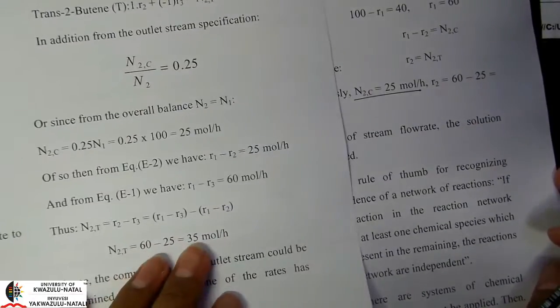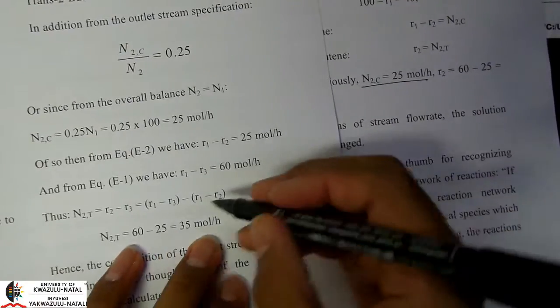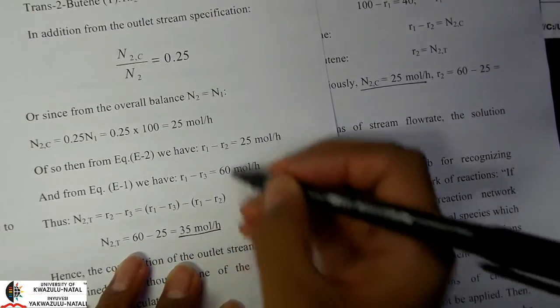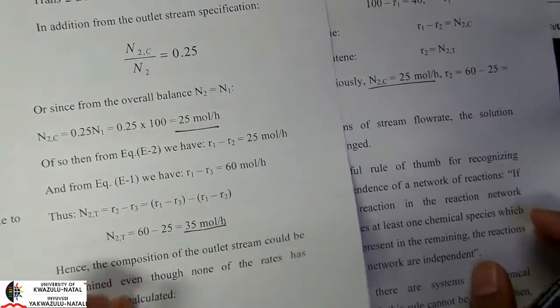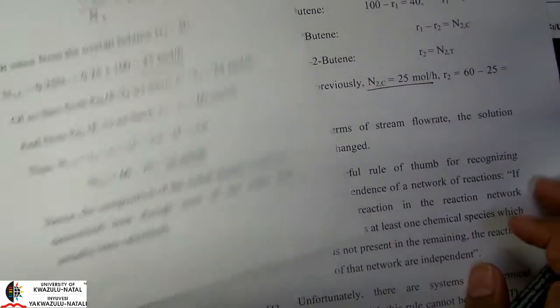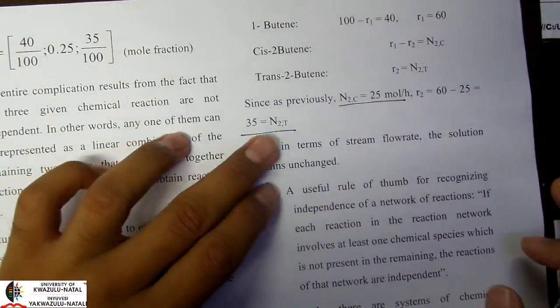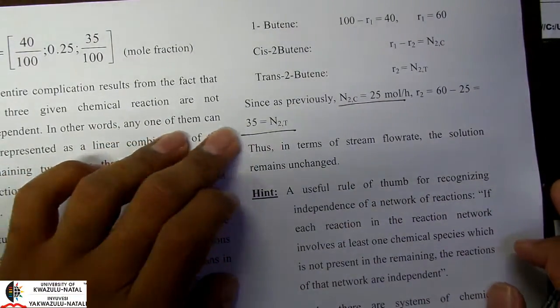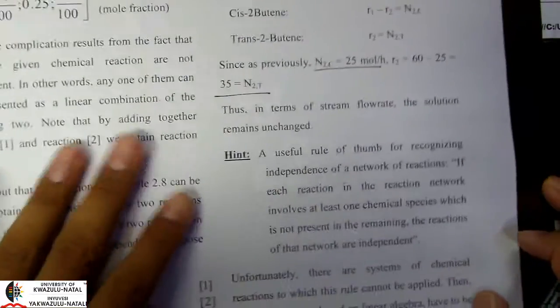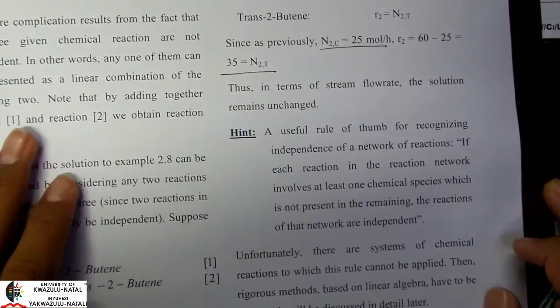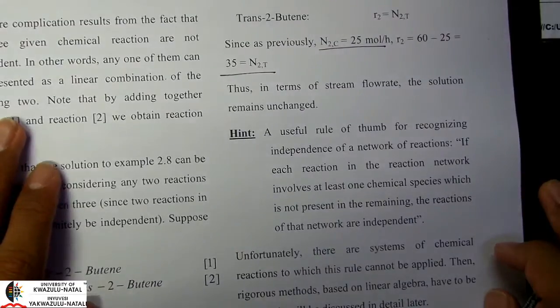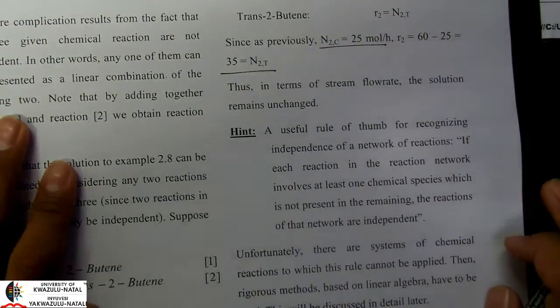Okay, these are our results. If we considered all three reaction sets, we have our 35 moles per hour and 25 as before, and we have 25 and 35 moles per hour for cis-2-butene and trans-2-butene here. So to conclude, in terms of our stream flow rate, the solution remains unchanged.